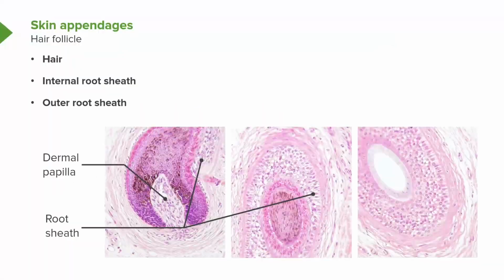And on the remaining two slides, the one in the middle and the one on the outside right-hand side, you see a transverse section taken through the hair, showing different layers of the hair.